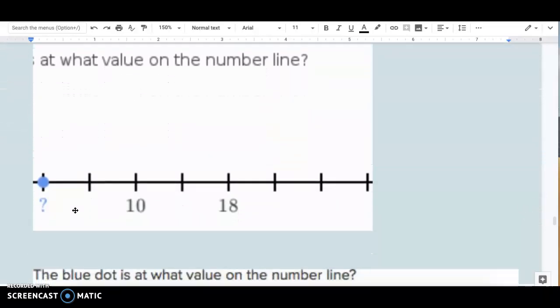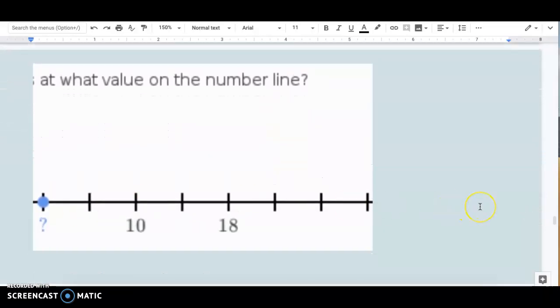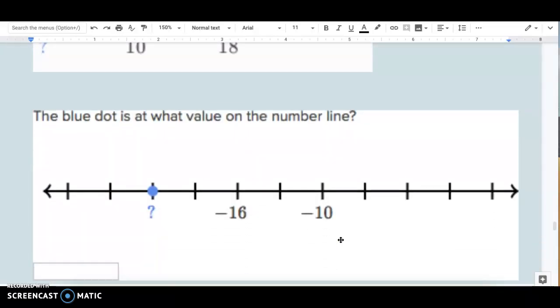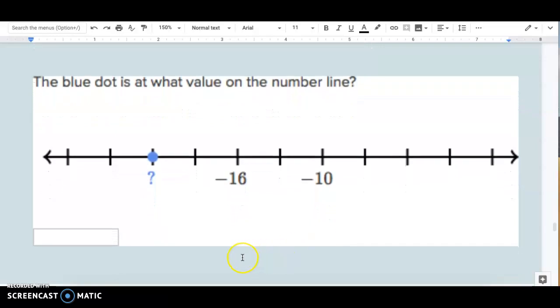So now, what number is the blue dot on this number line? What number is the blue dot on this number line? Be careful, it's negative.